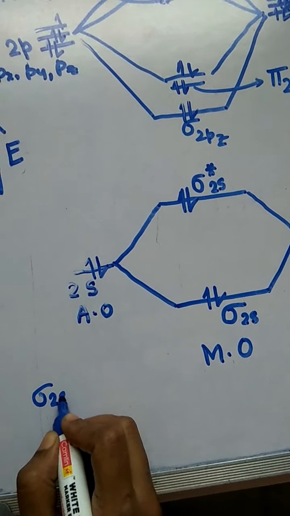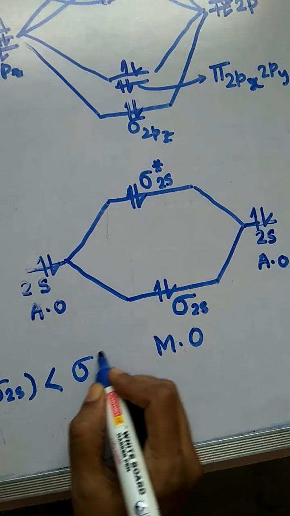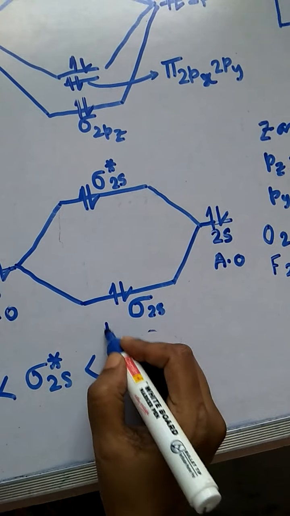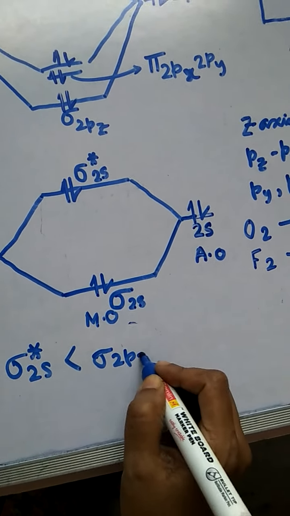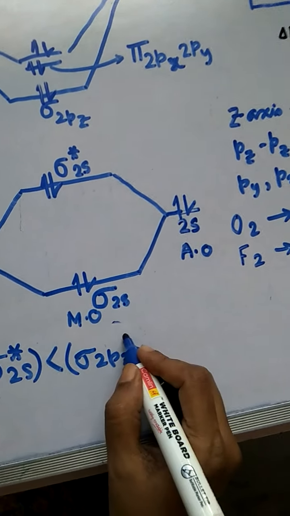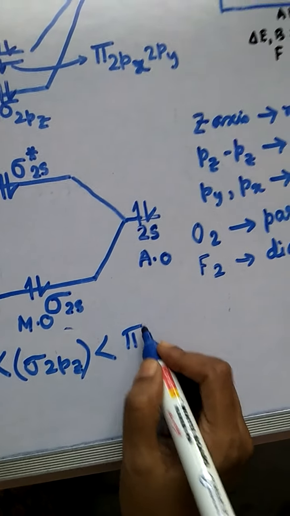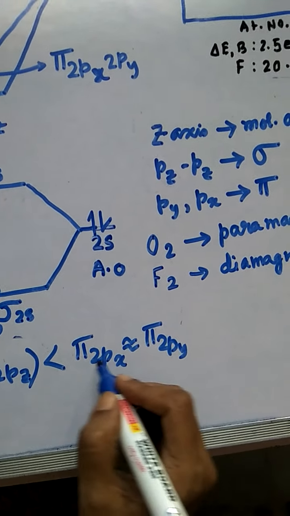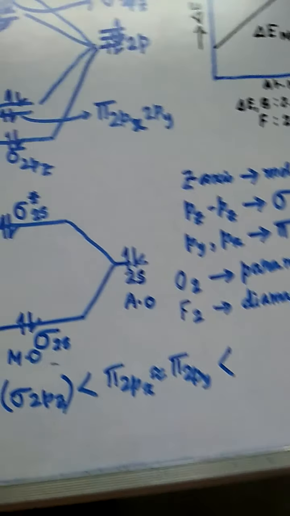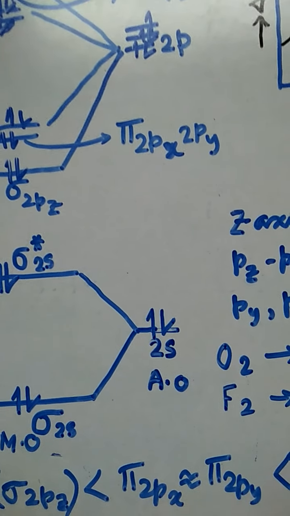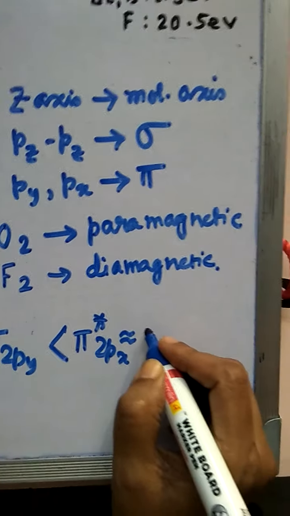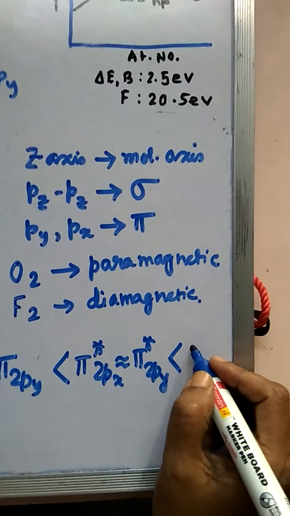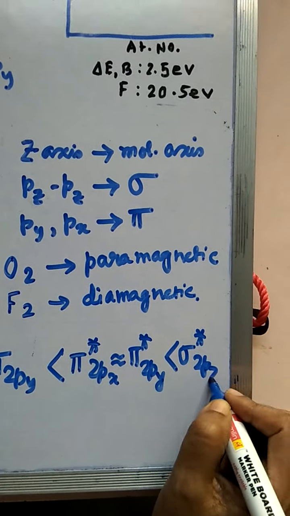They will be sigma 2s, then sigma star 2s, then sigma 2pz, then comes pi 2px, pi 2py, then comes pi star 2px, pi star 2py, less than sigma star 2pz.